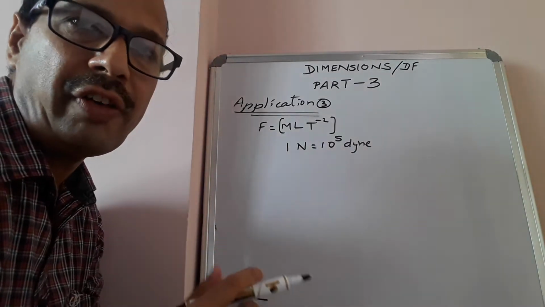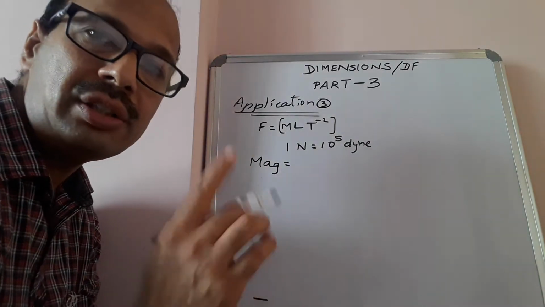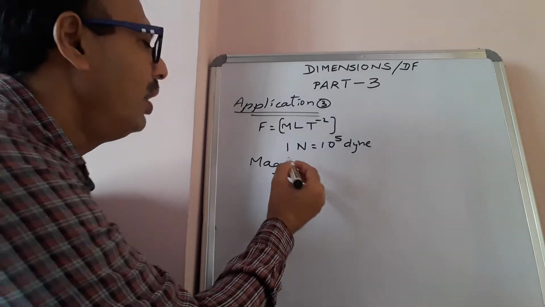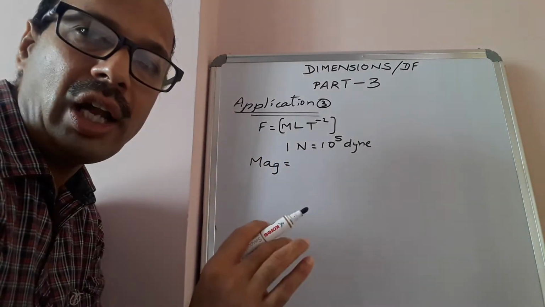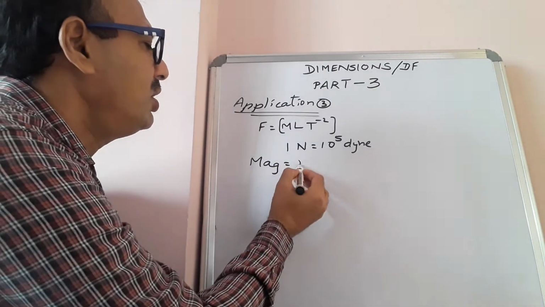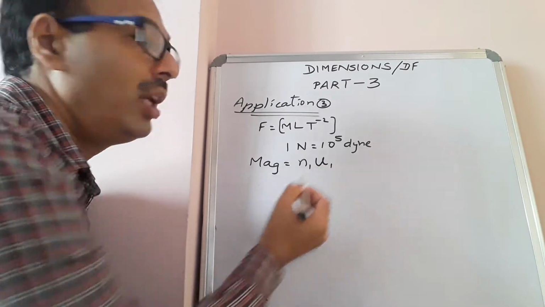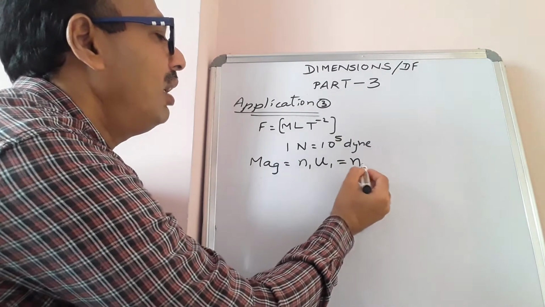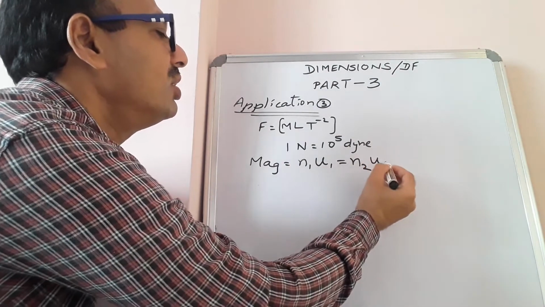It is based on the fact that the magnitude of a quantity is constant either in SI system or in CGS system. So the magnitude is nothing but numerical value into units in that system. For example, in SI system the numerical value is n1 and units u1. This is equal to numerical value in CGS system n2 and units in CGS system u2.